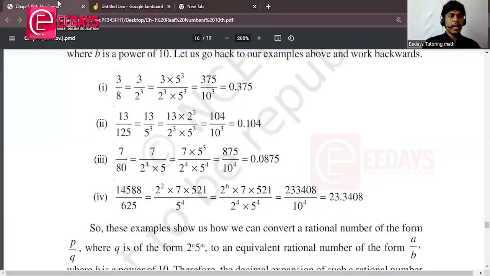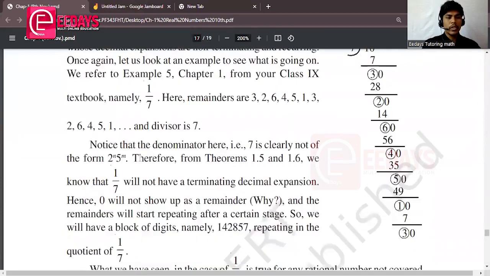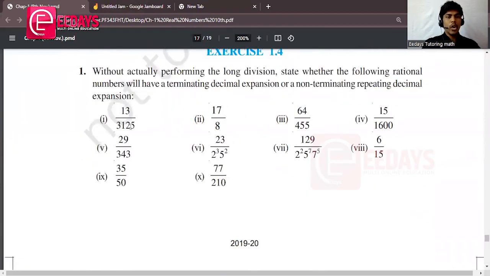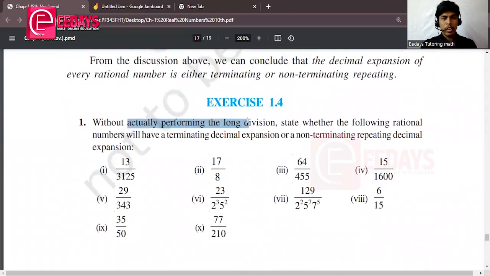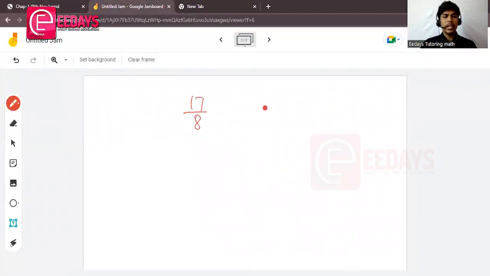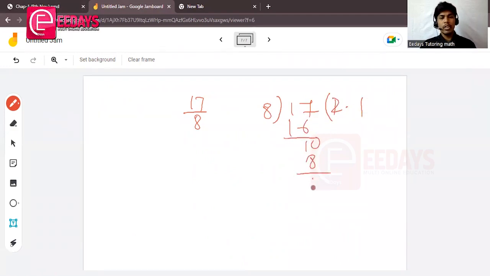Okay, let's do the exercise sum. One exercise sum, then you can understand. Convert 17 by 8. Read the question here: without actually performing long division. For example, I'll give you 17 by 8. What do you generally do? Sir, since childhood we are doing 8 into 17. 8 twos are 16, so we'll get 1 here, put point 0. 8 ones are 8 and 2, put point 0. 8 twos are 16, again 4, put point 0.